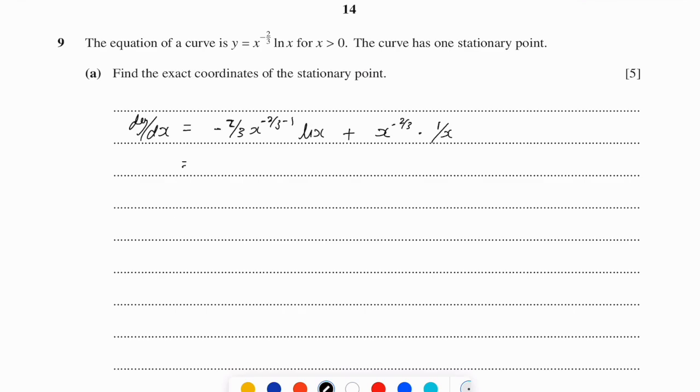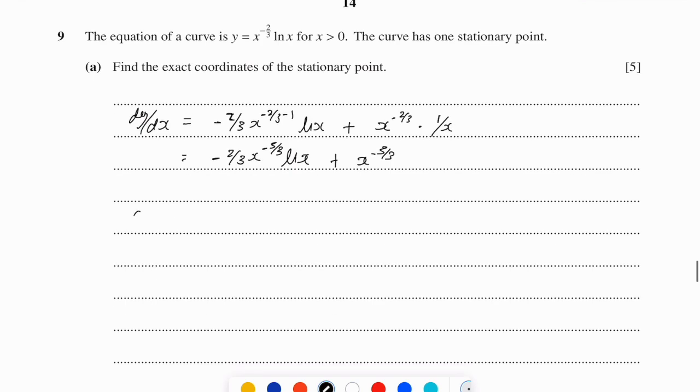Therefore, negative 2 over 3 x to the negative 5 over 3 ln x plus x to the negative 5 over 3. Okay? Now, we can say dy by dx equals 0.